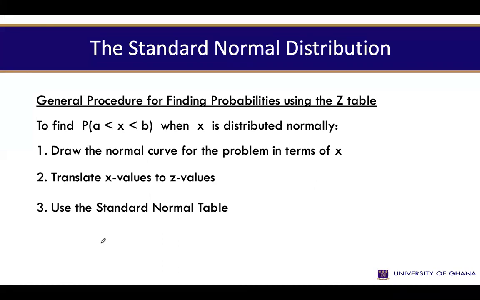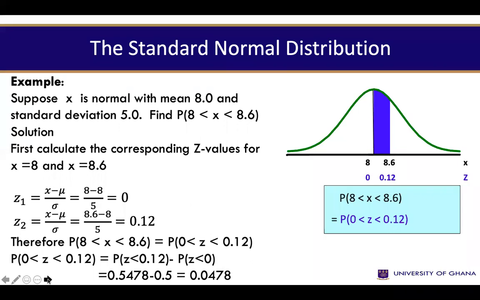You can either standardize before you draw or draw before you standardize, but either way, when you translate from X into Z, you draw the normal distribution curve and then calculate the probabilities using the standard normal table. It's so simple. Life couldn't be easier. Let's take an example and see what we are supposed to do.